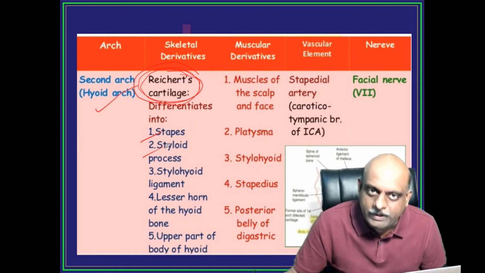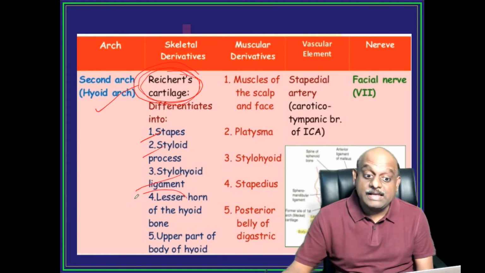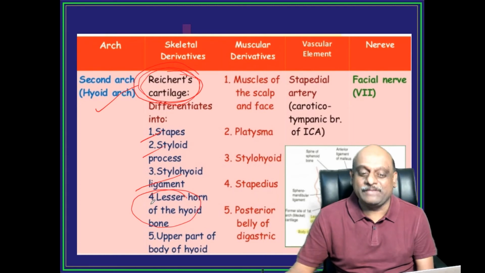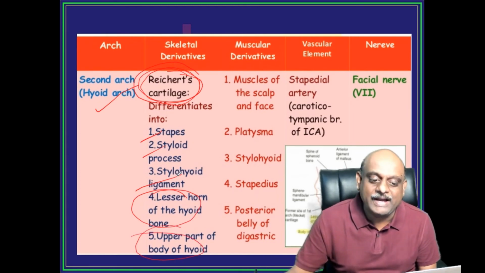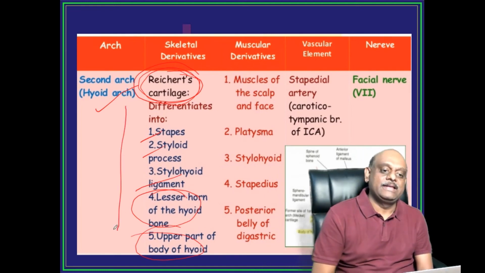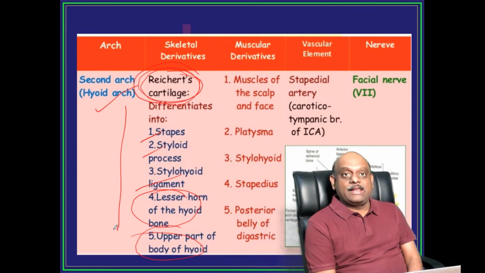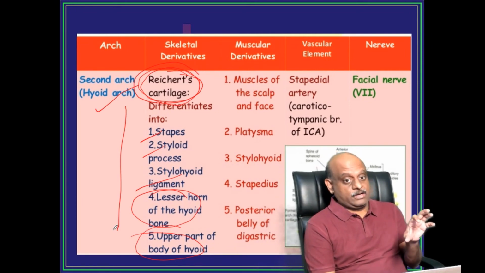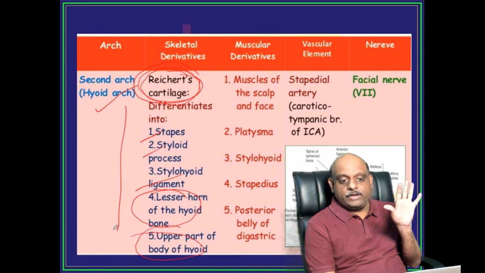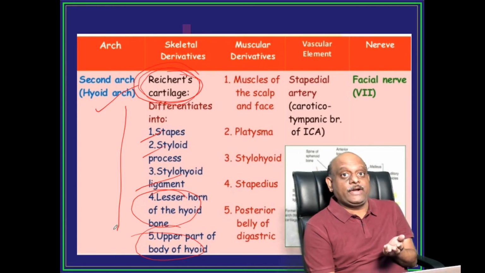Then styloid process, stylohyoid ligament, lesser cornu of the hyoid bone, and upper part of the body of the hyoid bone. They are the ones which are derived from the second arch. You should clearly remember. Lesser horn, greater horn. Two horns hai hyoid ko. Upper part of the body of the hyoid hai, lower part of the body of the hyoid hai.